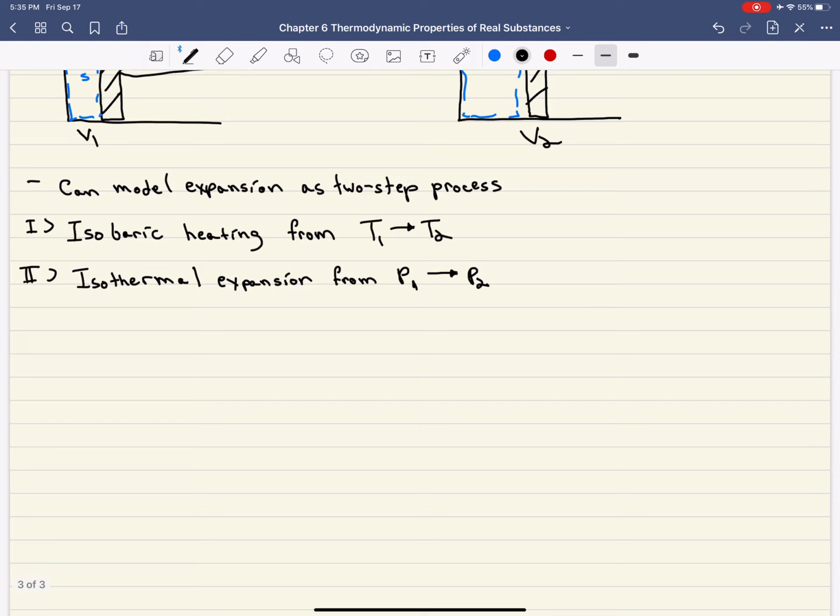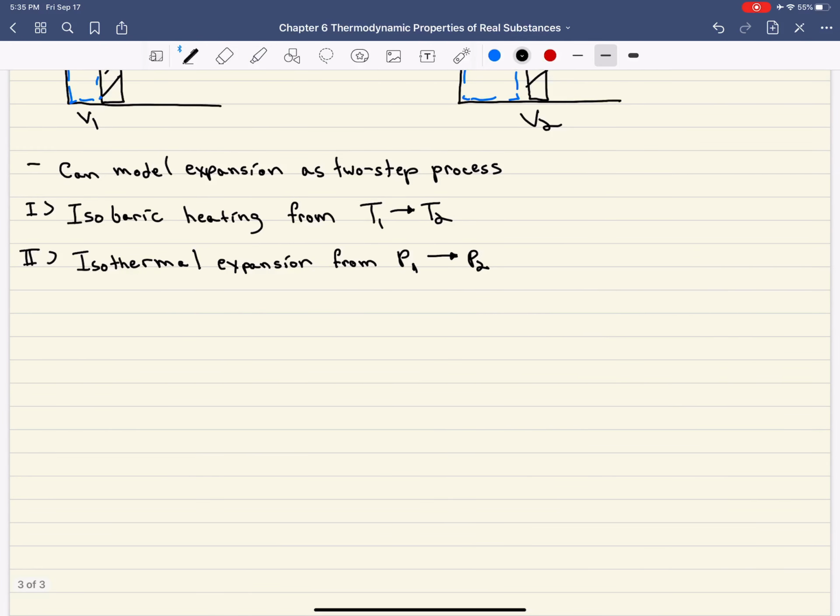If we plot this out, temperature versus pressure, we start at P1, T1, and then we keep pressure constant and heat the system so that it reaches T2.